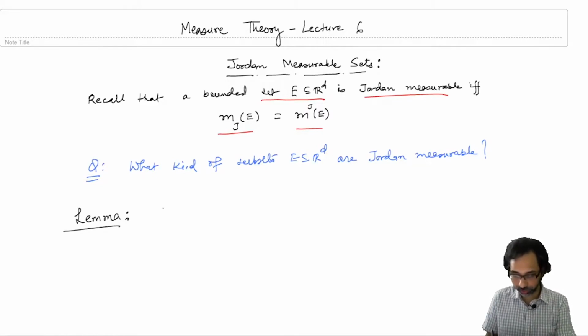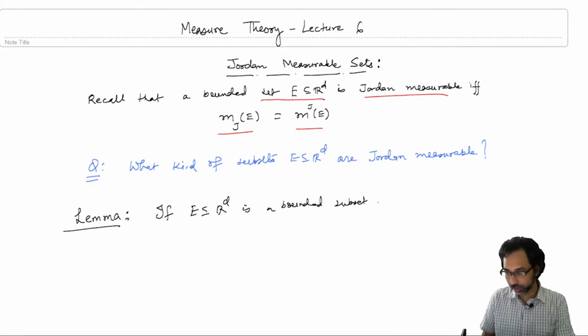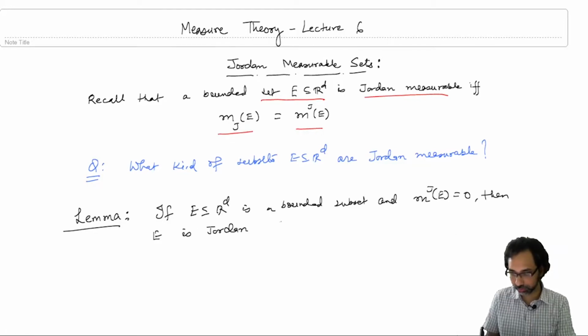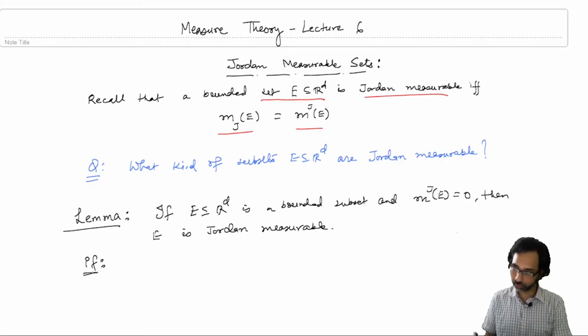It says that if E is a bounded subset and the outer measure of E is 0, then E is Jordan measurable. The proof is just a one line proof.